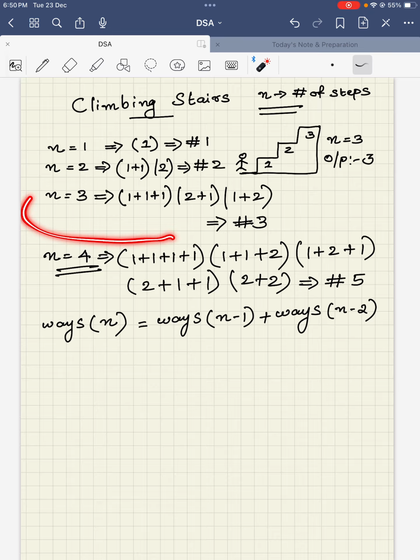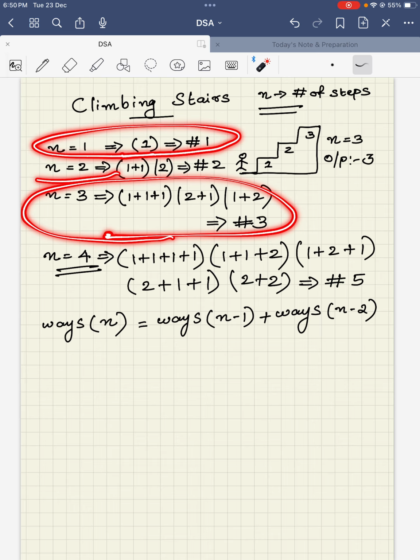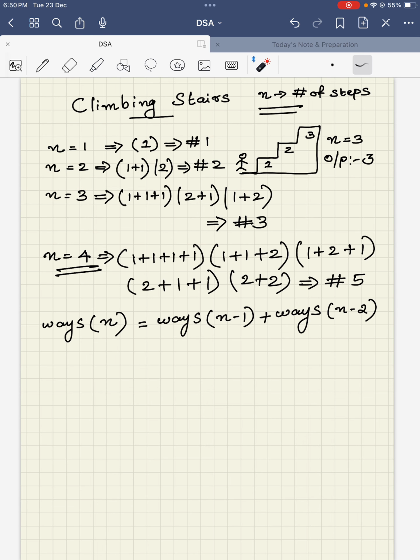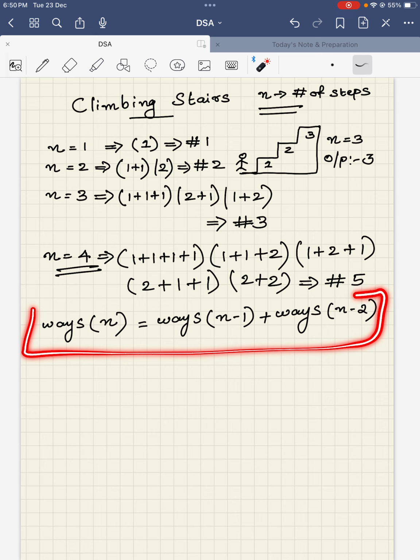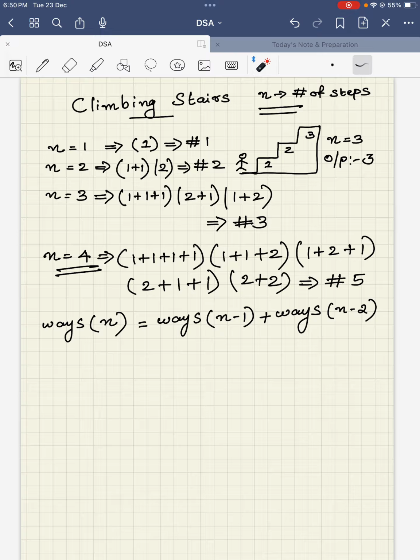Similarly, the number of ways for 3 is the number of ways for 1 plus the number of ways for 2. 1 plus 2 equals 3. So this is how the pattern emerges in this problem. This is also nothing but the Fibonacci series. So we just have to utilize the logic of the Fibonacci series to return the output we want.